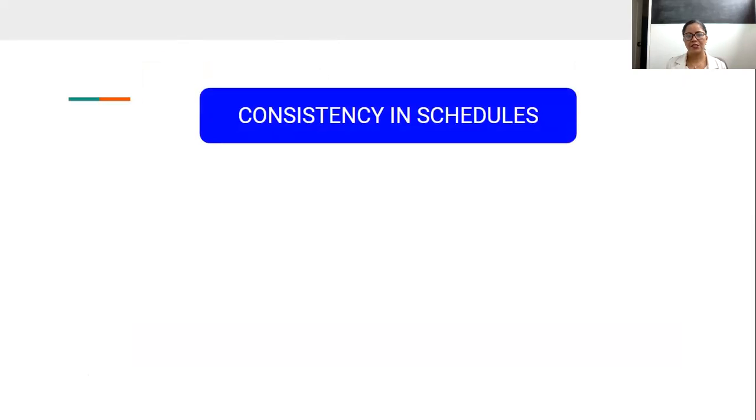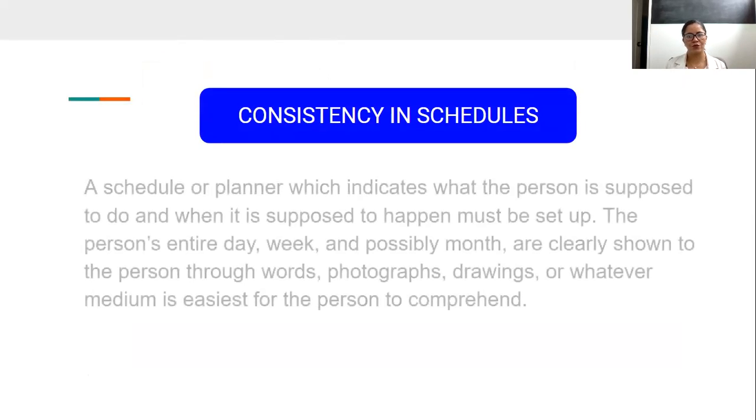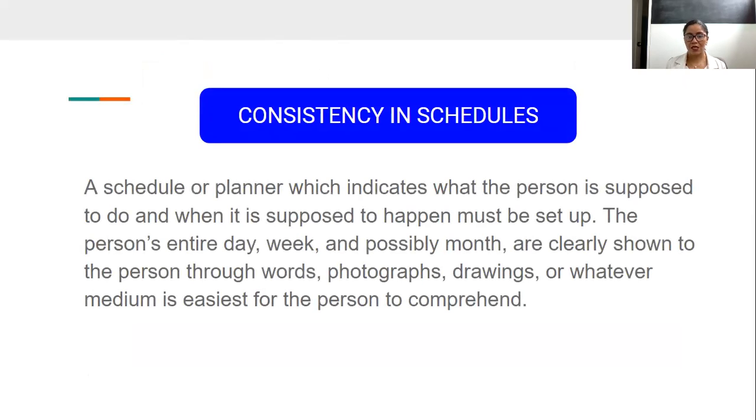The second principle is consistency in schedules, really important for students with SEN, because a schedule or planner indicates what the person is supposed to do and obviously when it is supposed to happen. And the thing about this is that if a student has a schedule or a planner, that will again give them a lot of confidence, reassurance, and they will feel that things are going to be okay because they manage a lot of anxiety.